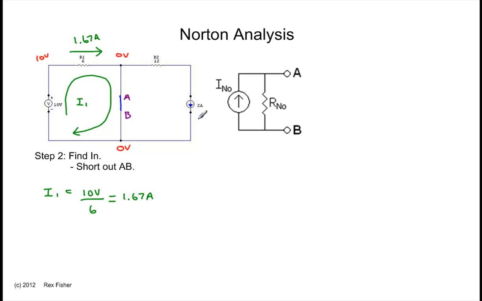Now this is a 2 amp current source. That means we have 2 amps flowing into that current source, and we have 2 amps flowing out of that current source. This 12 ohm resistor is in the path of that 2 amps, so 2 amps also flows through it.